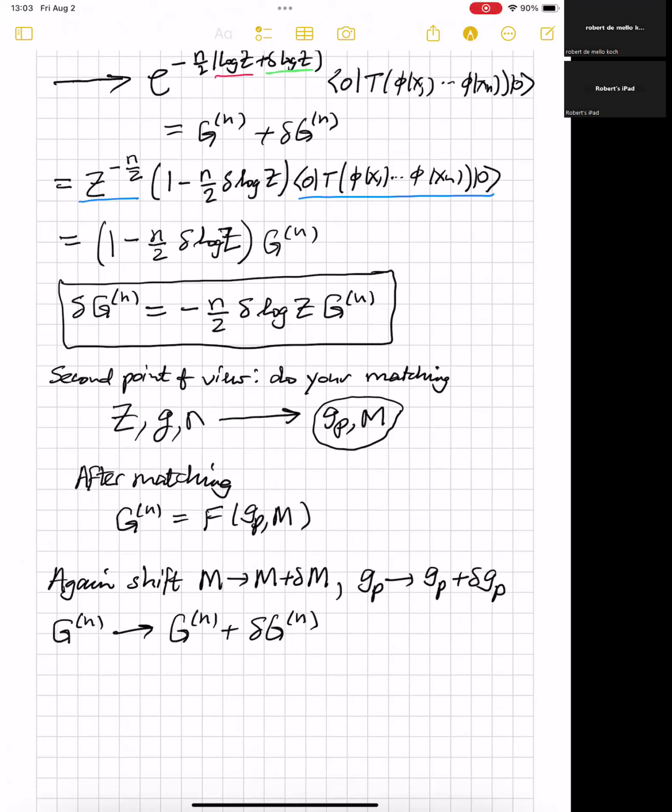To calculate delta G of n is now a very simple problem. We've got a function of two variables. We want to calculate the first order change when we vary those two variables. And as usual, what does calculus tell us to do? It linearizes everything. It says calculate the change because you shifted M, then calculate the change because you shifted GP, and then add those two changes together.